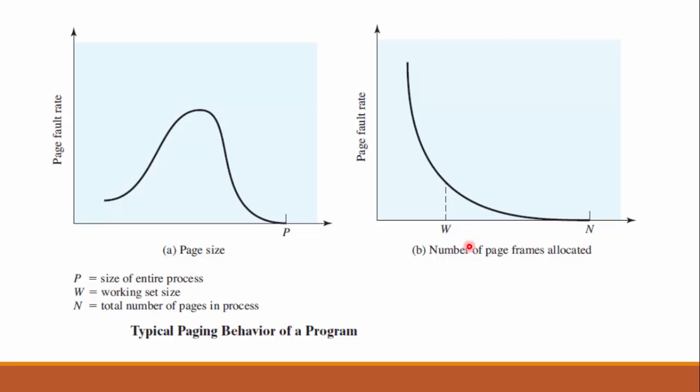It means if we allocate lots of frames to a process, so the whole process gets loaded into the main memory, there won't be a page fault. And if only two frames are allocated to the process, it needs to swap again and again to keep on processing, so there will be many page faults as very few frames are given to that process.